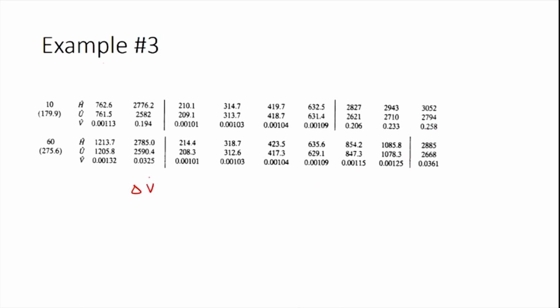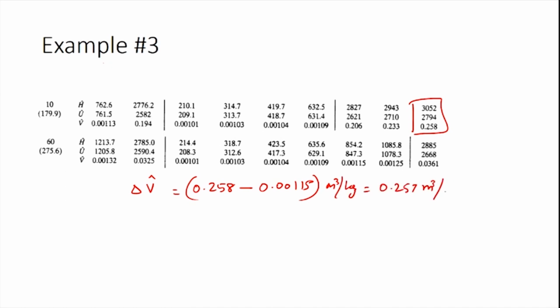Delta V cap would be equal to the difference between the specific volumes. So, that would be 0.258, which is the final condition, minus 0.00115 meter cube per kilogram, giving you a value of 0.257 meter cube per kilogram.